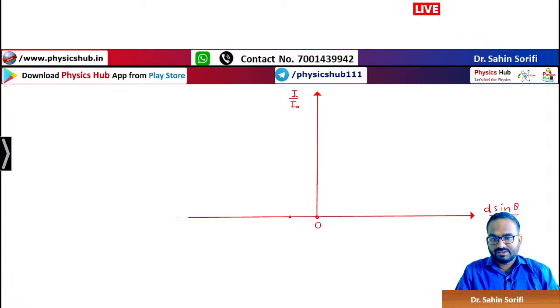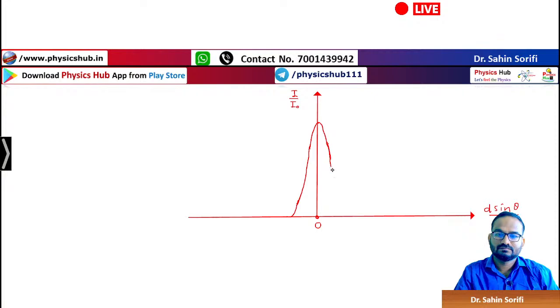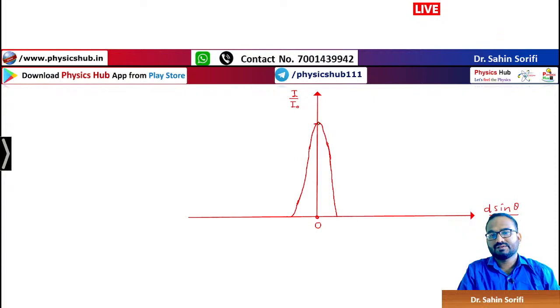So here you will get a big peak. Here you will get a big peak like this. Okay, so this intensity value will be 1, and here you are getting a minima.